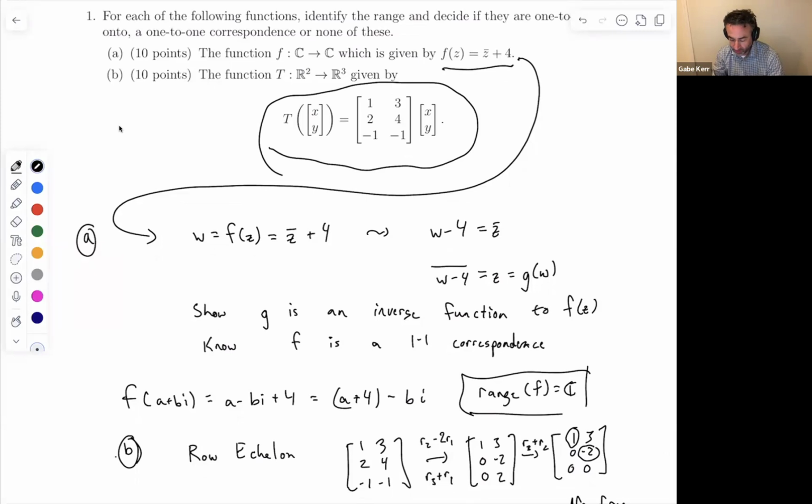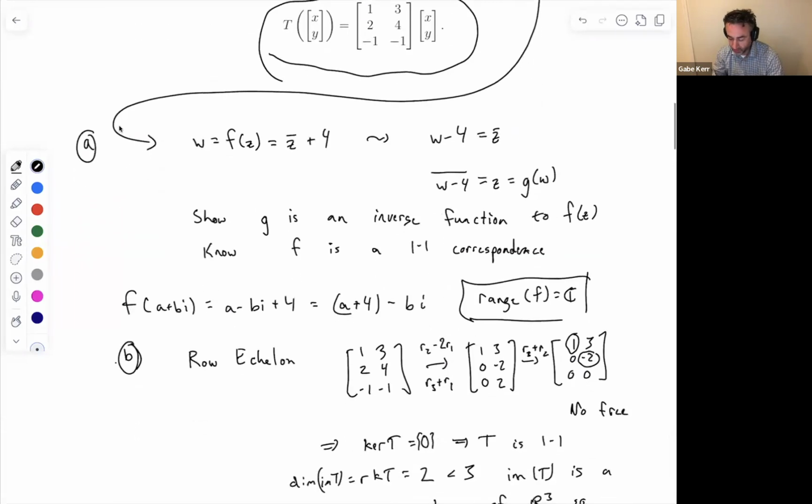But what you can always do is this exercise. Just get a row echelon form, and that will tell you the dimension of the kernel, because that's the number of free variables. The language here is the nullity is the number of free variables.